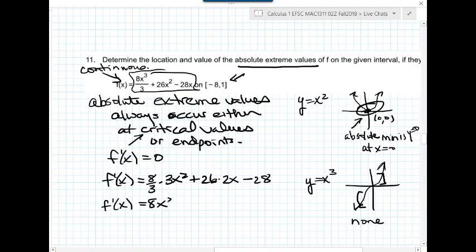And every polynomial function is continuous, so we don't have to worry about the possibility of contradicting this with an asymptote somewhere.